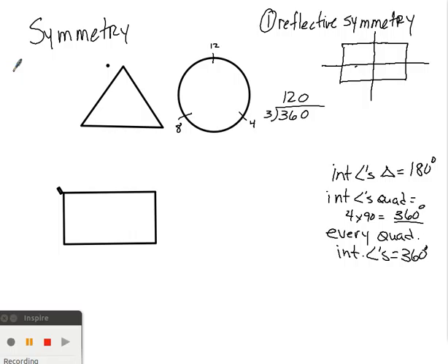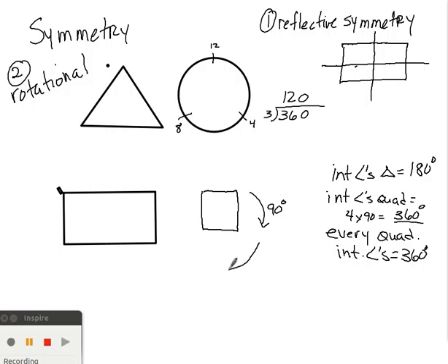Rotational symmetry is the second kind of symmetry, and it's talking about rotating an object. If a figure, as it turns, has the original image reappear in less than a full turn, it has rotational symmetry. So think about a square. If you turn a square 90 degrees, it's still going to be a square. If you turn it another 90 degrees, it will still look exactly the same.